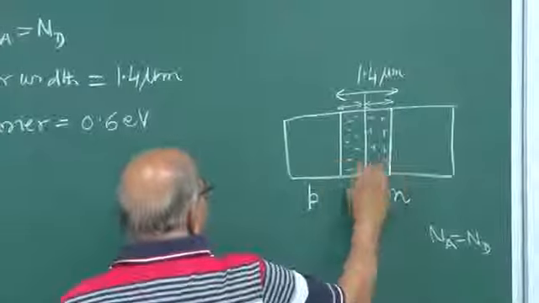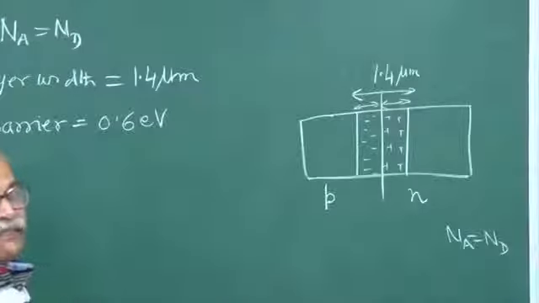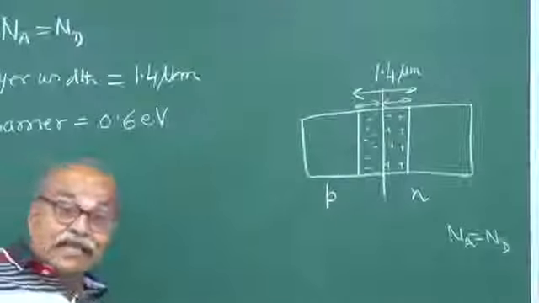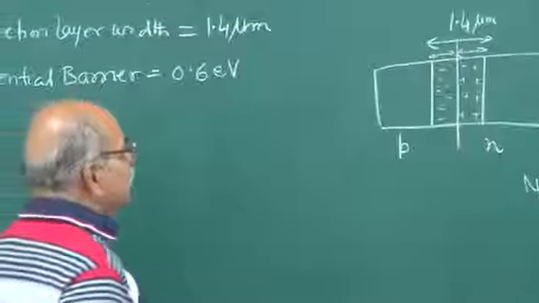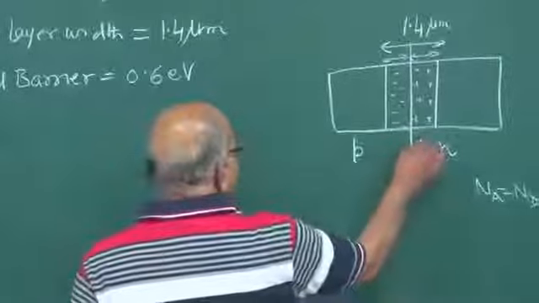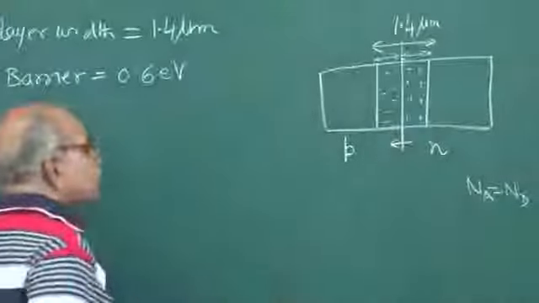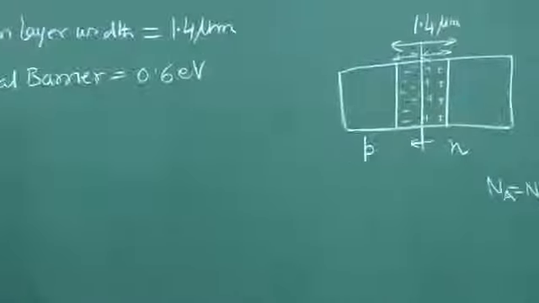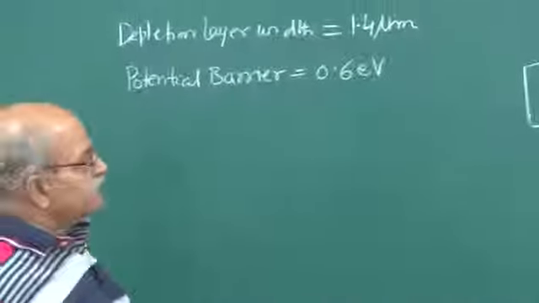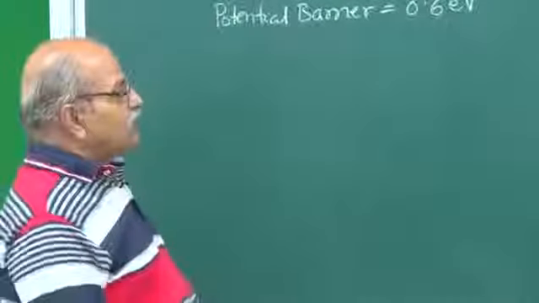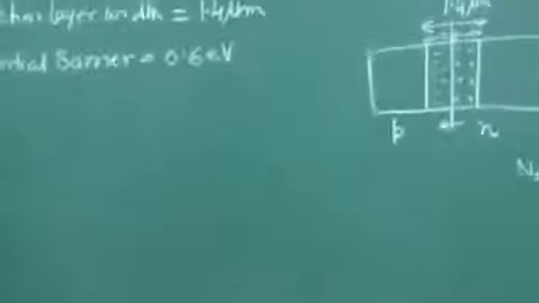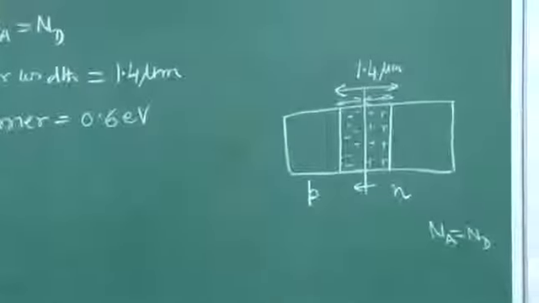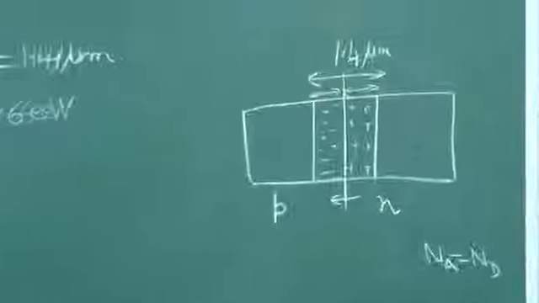So you will have charge density in the depletion layer, no charge carriers but charge density, and then you have electric field, and you have potential difference. The potential of this n side is raised as compared to the potential of this p side, and that barrier is 0.6 eV.